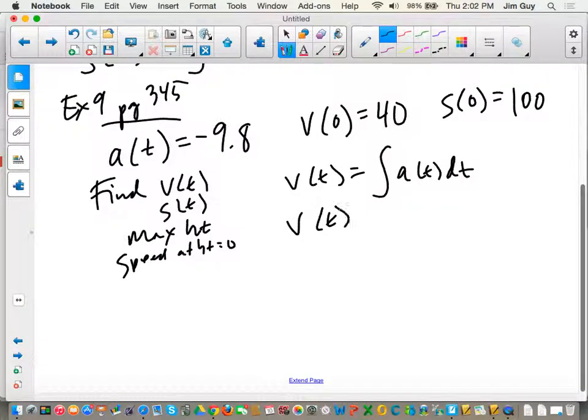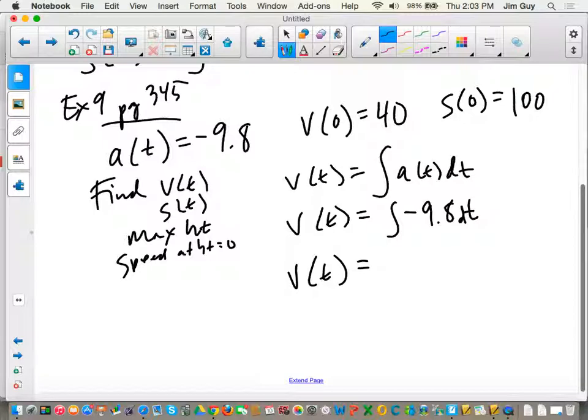So v of t is the integral of negative 9.8. What is the antiderivative of negative 9.8? This isn't a trick question. Sometimes the easiest ones are the hardest. Oh, I forgot that. That's why you're looking at me weird. I forgot the dt in front of my... I forgot the d in front of my t.